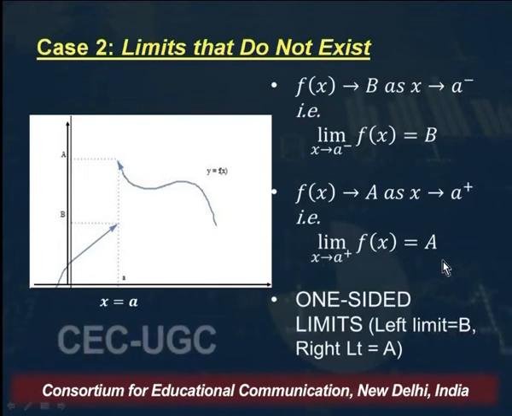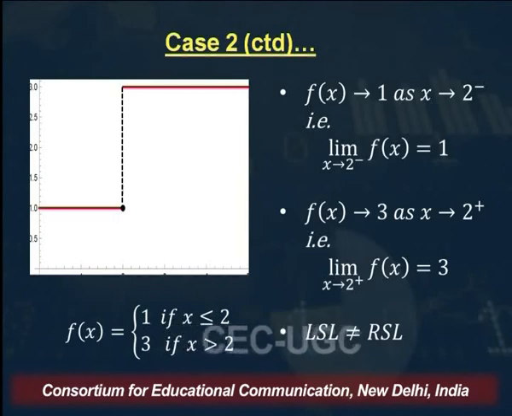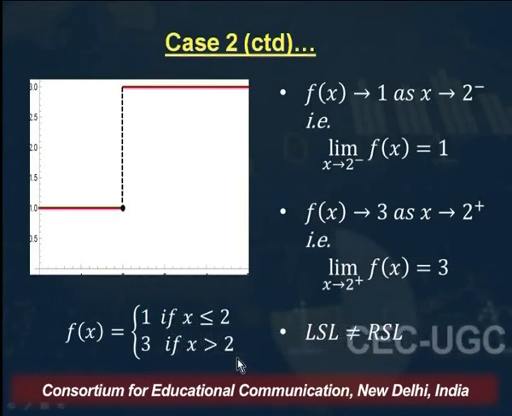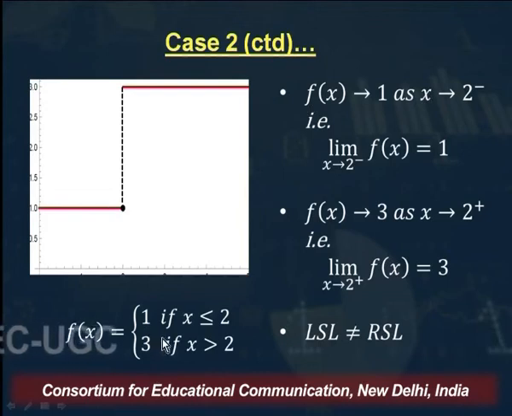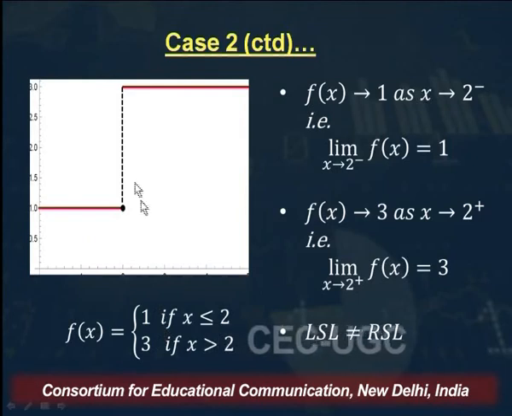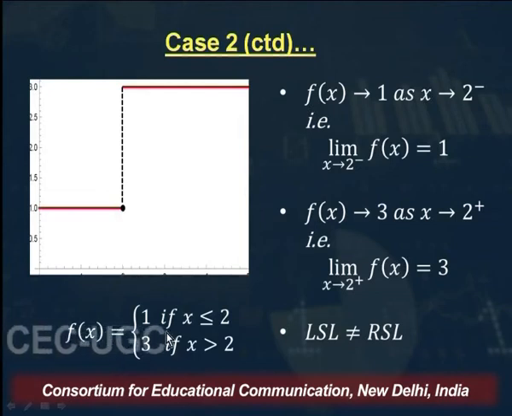Let me give you an example here. Let's take the case of a step function. The graph here is one where the function takes on the value 1 if x is less than or equal to 2. I'm sorry if the axes numbers are not showing, but I think the basic idea of a step function is known to you.